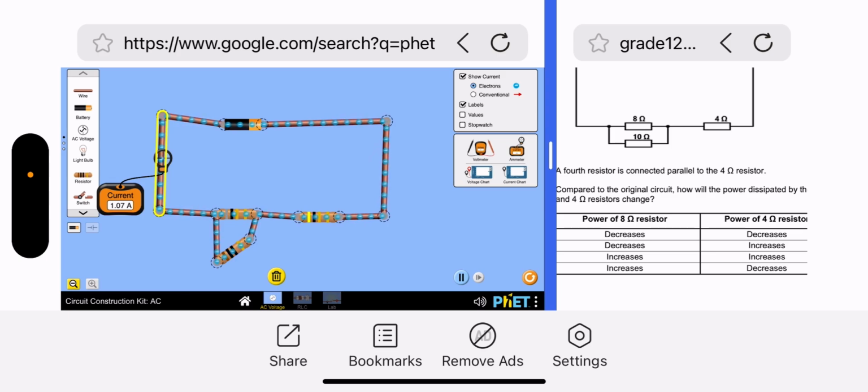So let's see what the voltmeter reading is across the 4 ohm resistor. Okay, let me just put this there. Now let us get to reading. Okay, so we have 4,26 volts across the 4 ohm resistor.